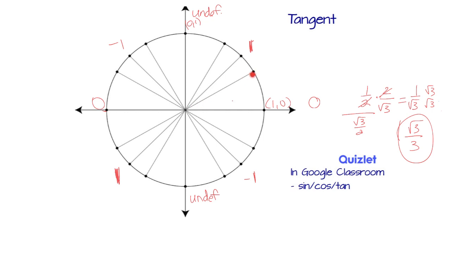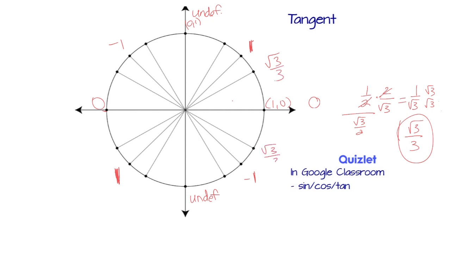So where do these long triangles go? Well, you have one right there. You have one over here. You have this one down here and this one down here. So all of these will have the same tangent value because their triangles are all the same. The only thing that's going to change is whether it's positive or negative.